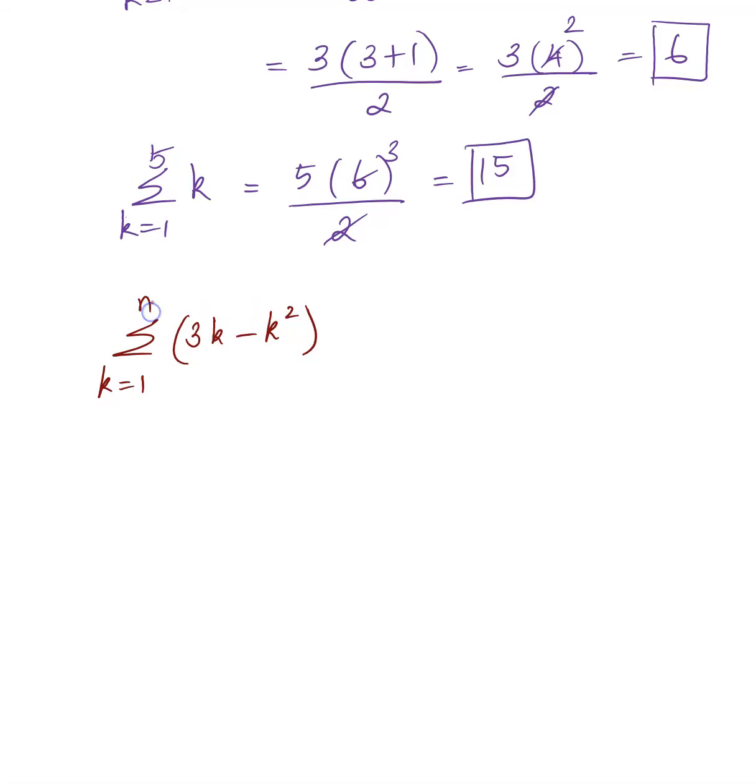K is 1 to n, so we're not giving you the end point, we just give you up to n. No problem, we use the difference formula. So summation k from 1 to n of 3k minus summation k from 1 to n of k squared. And the 3 can be brought out because it's a constant.